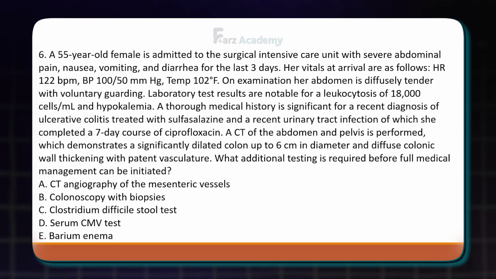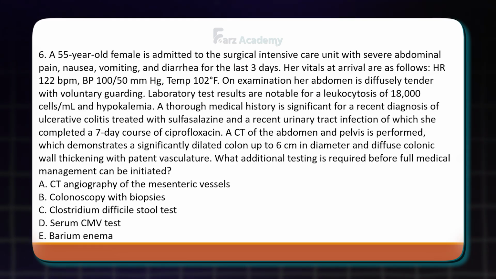So the options are CT angiography of mesenteric vessels, colonoscopy with biopsies, Clostridium difficile stool test, serum CMV test, and barium enema. One of the very favorite topics of EDIC 1 examiners. You will get 1 or 2 questions on this topic, and a lot of clues have been given for this diagnosis in the question itself.